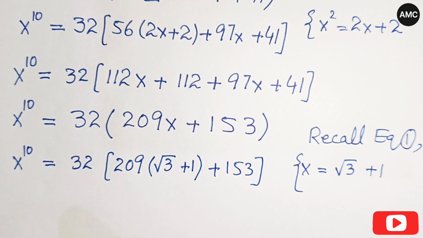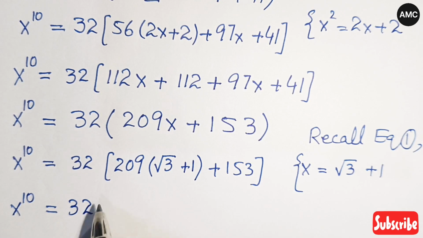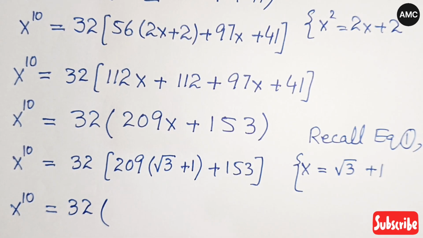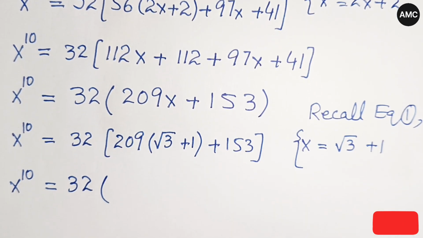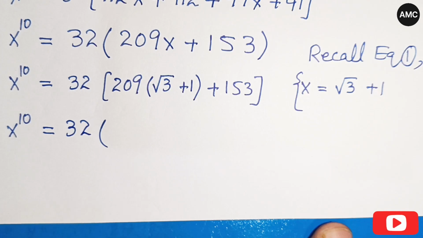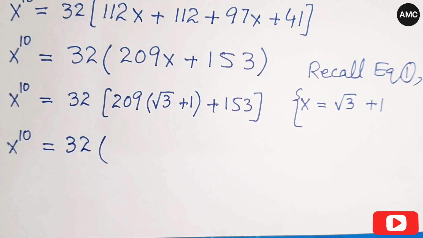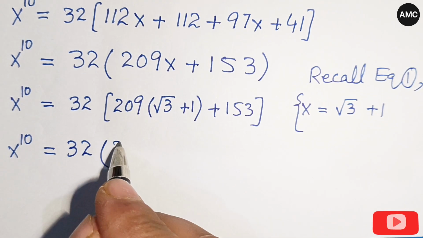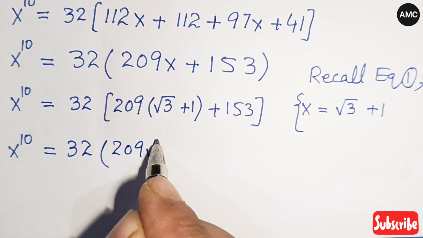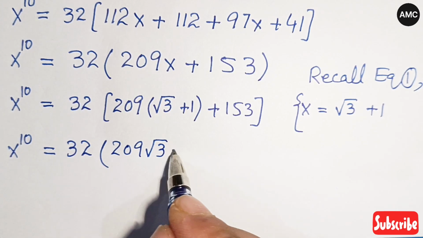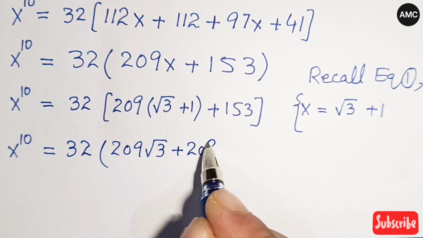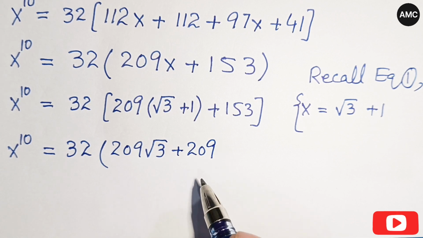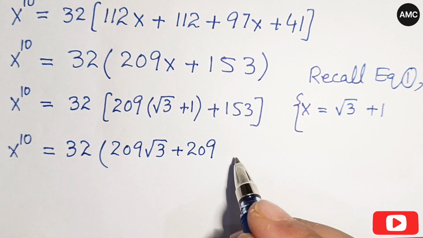Now x to the power 10 is equal to 32 times, multiplying this 209 into the parentheses, we get 209 times square root of 3, plus 209 times 1 is 209, and here we have plus 153.